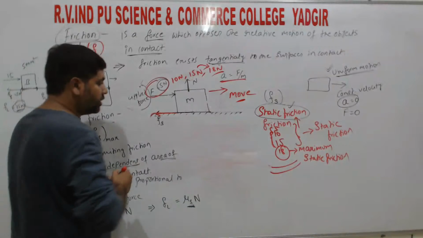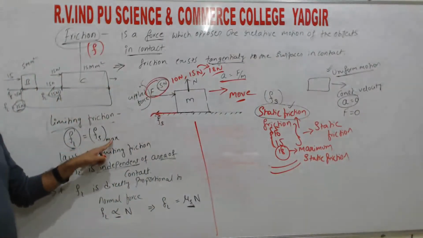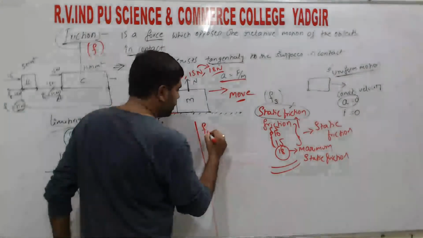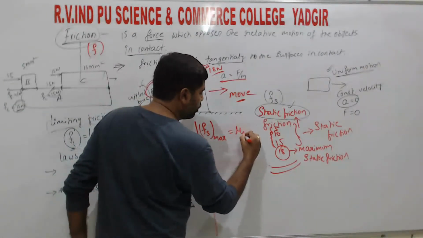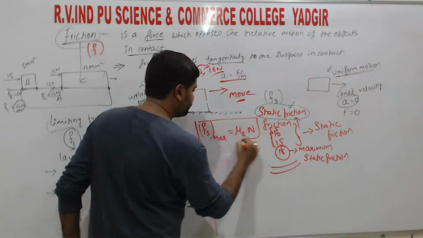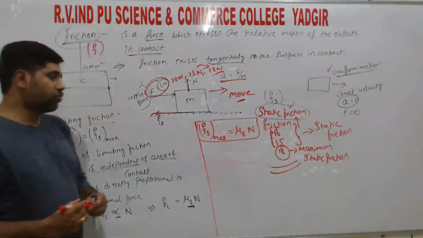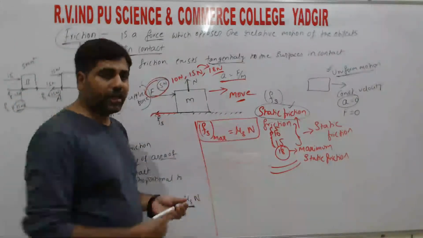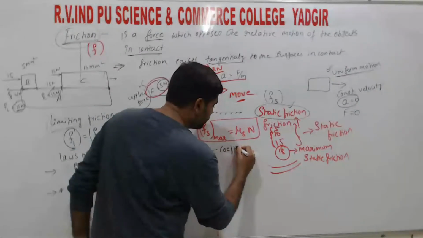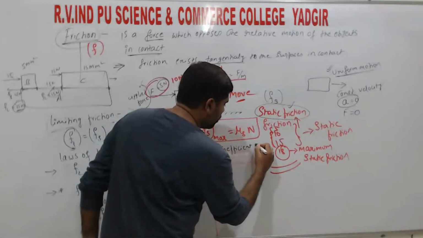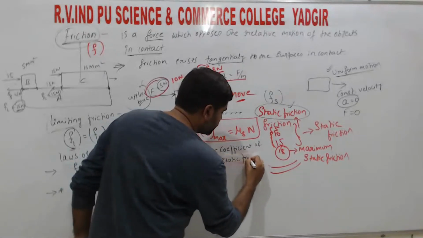So again, this we can replace. From this, FL is equal to Fs max, right? So we can write Fs max is equal to mu s N. So limiting friction is equal to mu s N, where mu s we call the coefficient of static friction.